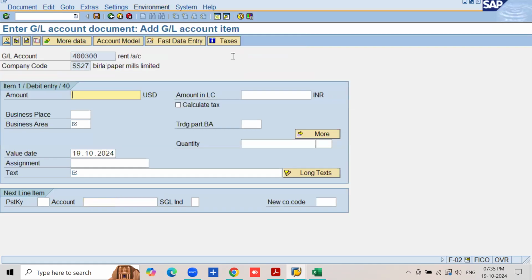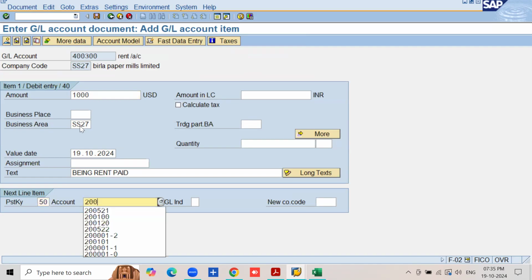See, against the amount, the system has taken USD. So the amount is 1000 USD. Business area SS27. Text being rent paid.